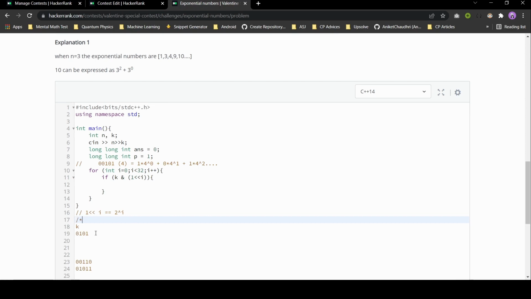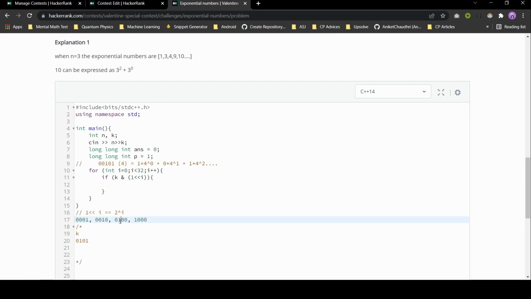So k is this, and what we are doing is for every power of 2, like I previously said, when you are powering any number, powers of 2 will be like this. These are all powers of 2.